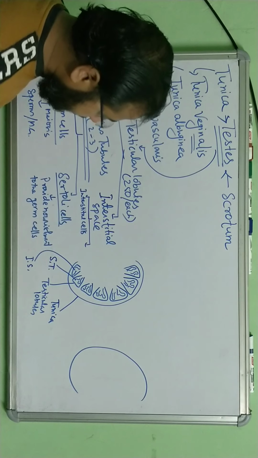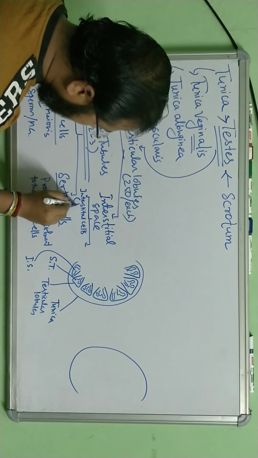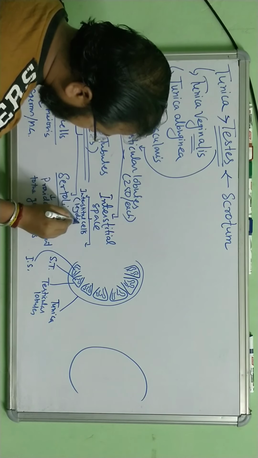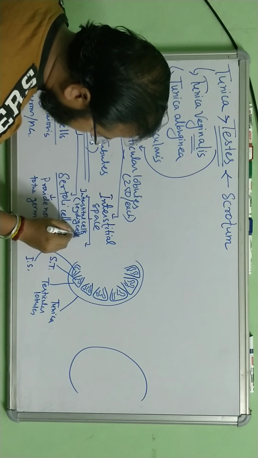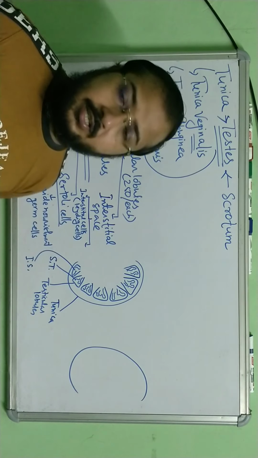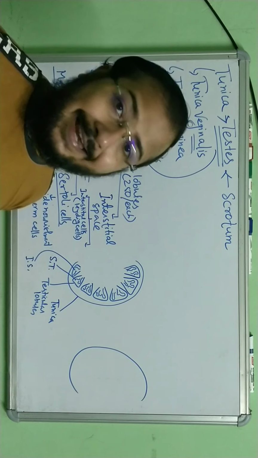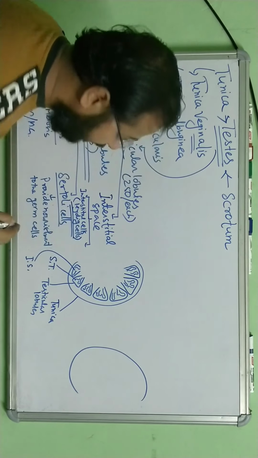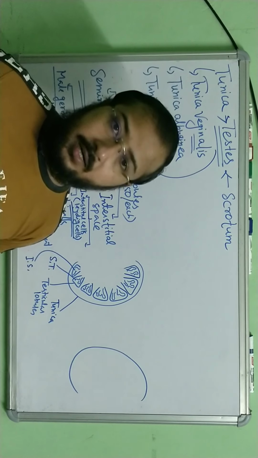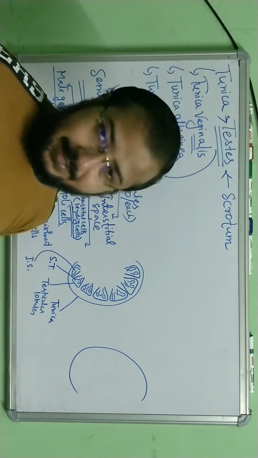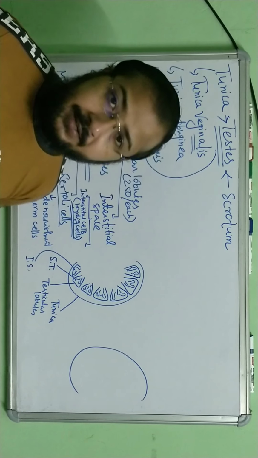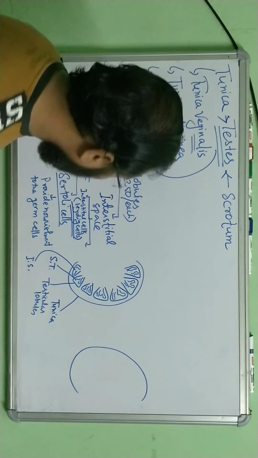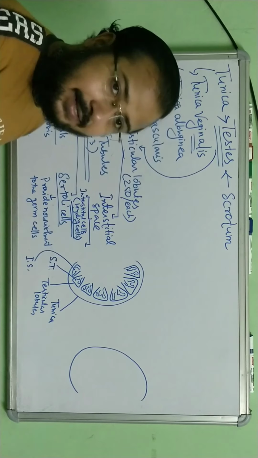These interstitial cells are also known as Leydig cells. Now these Leydig cells have a very important role inside the testes. What do they do, the interstitial cells or Leydig cells?